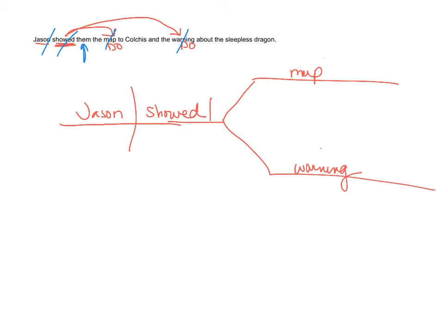So I could put that in a prepositional phrase. And that means this is indirectly related to showed. If it's indirectly related here, I'm going to put it here. This is my indirect object. Showed them the map to Colchis. I have a relationship word to followed by a noun.